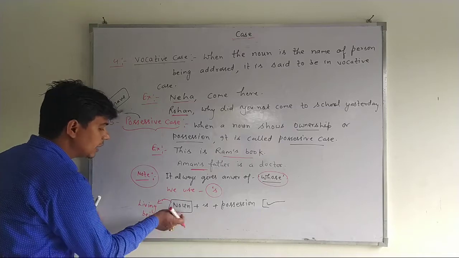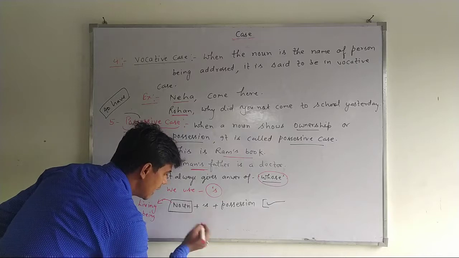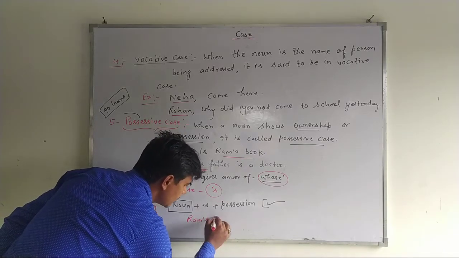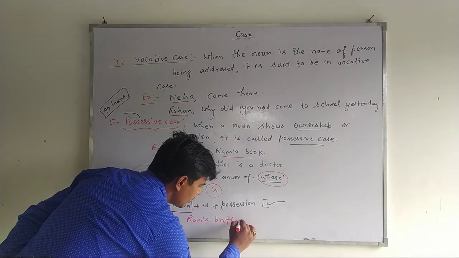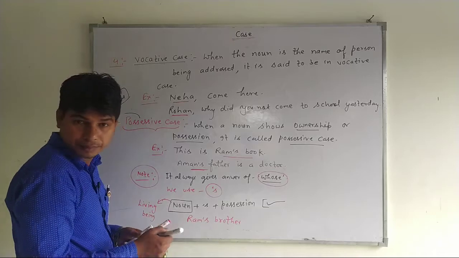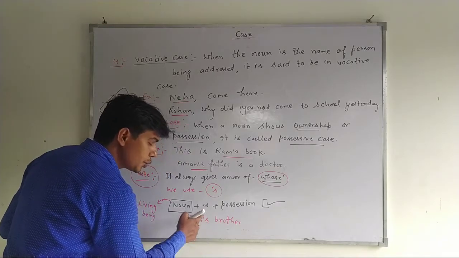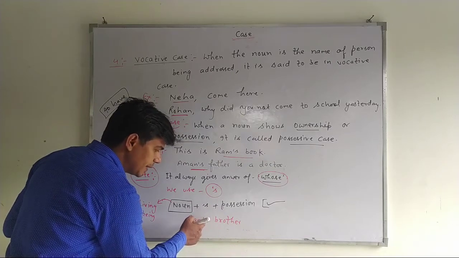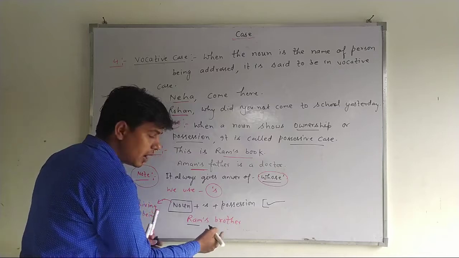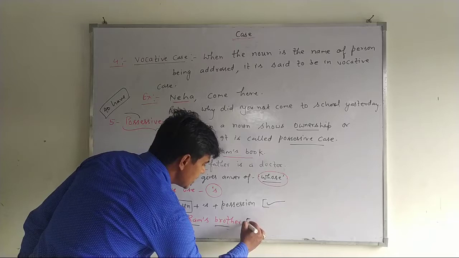It cannot be a non-living, lifeless thing. Suppose that I have the example, Ram's brother. So just see, Ram is a living person, and to show possession we use apostrophe s, and brother is the possession. So that is correct.